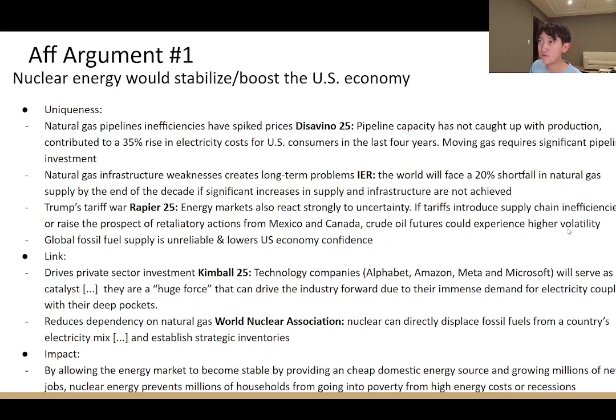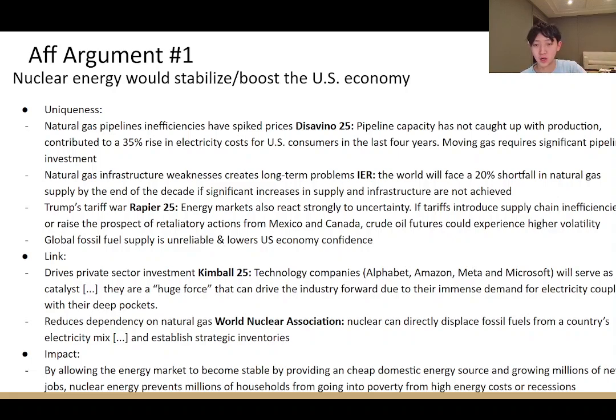The first AF argument that I found was really good was that nuclear energy would stabilize or boost the US economy. So the uniqueness is right now, natural gas pipelines, essentially the way that people transport gases, right? Because you don't extract all your natural gas from the US, you get it from foreign countries.